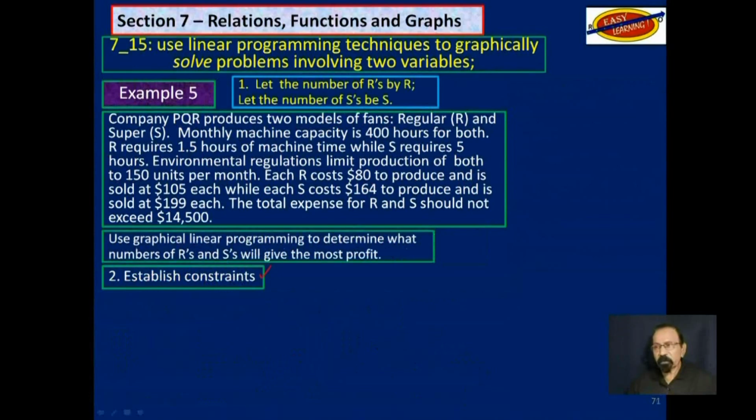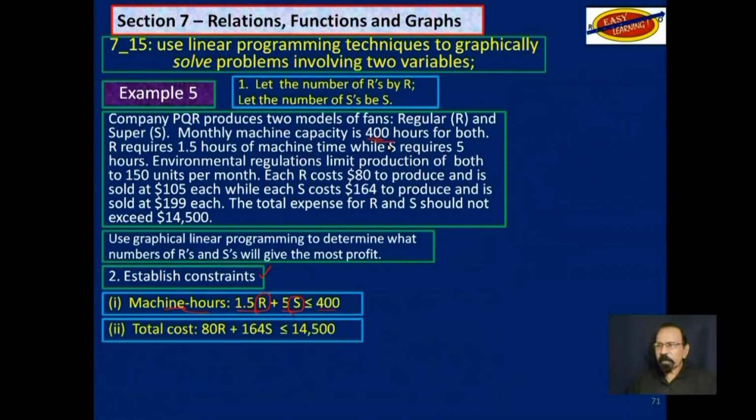What are the limitations? First of all, machine hours, 1.5 for 1 R and 5 for 1 S, and total hours must not exceed 400, as we have up here. Secondly, total cost, $80 to produce 1 R and $164 to produce 1 S, and that should not exceed $14,500, as we have here.